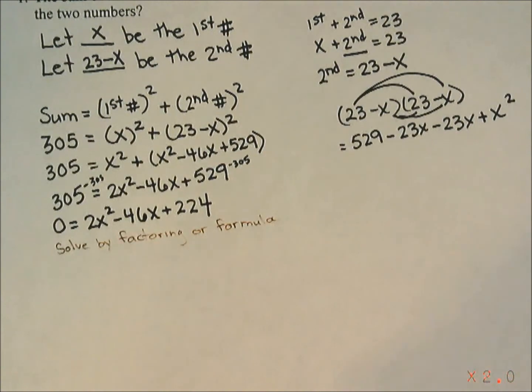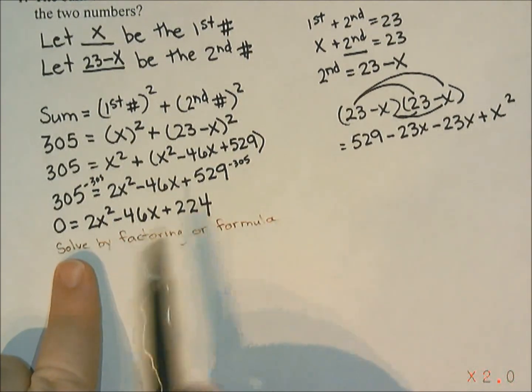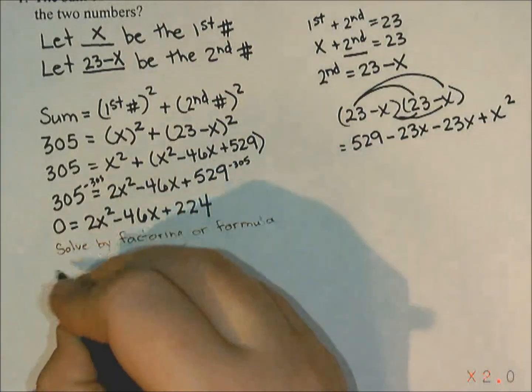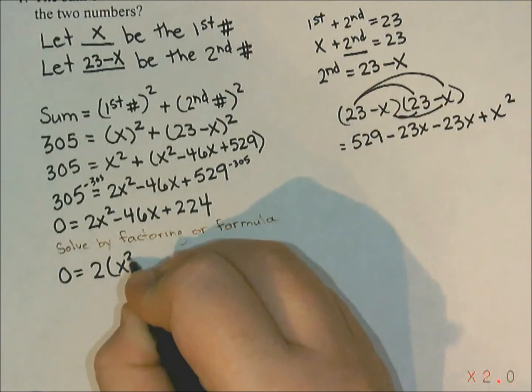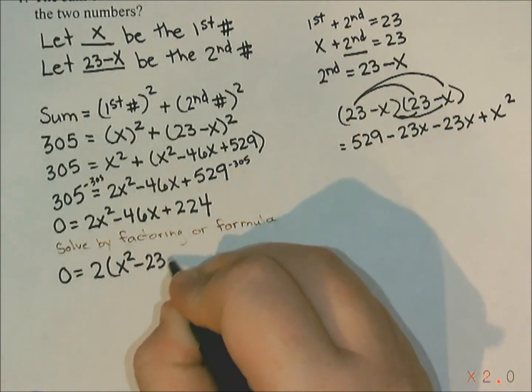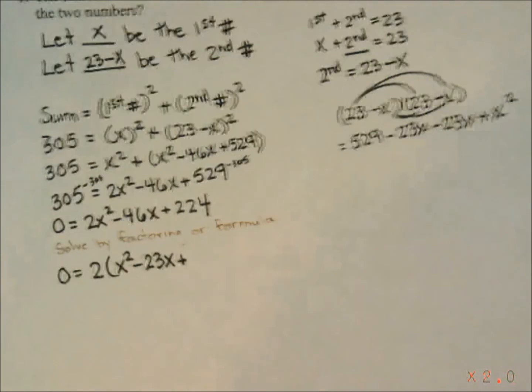So if I want to factor this, the first thing I notice is that all of the numbers are divisible by 2. So I'm going to start by taking out a 2. So I get x squared minus 23x plus, and that should be, I think, 112. Yes, it is.